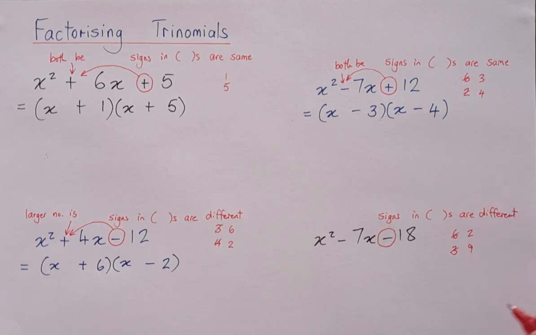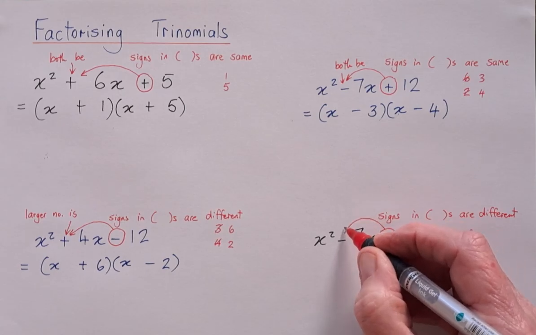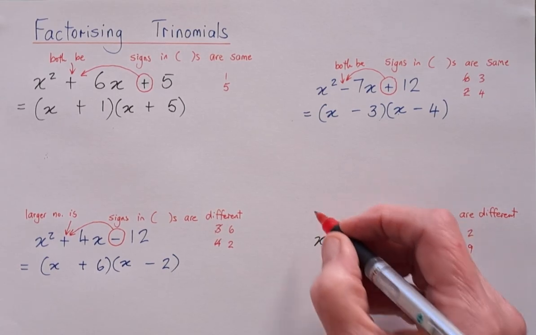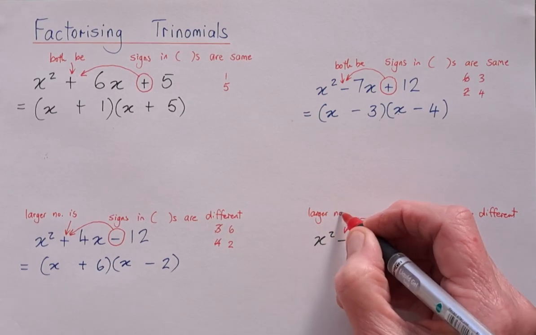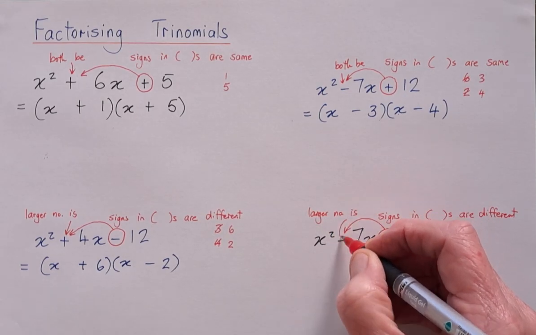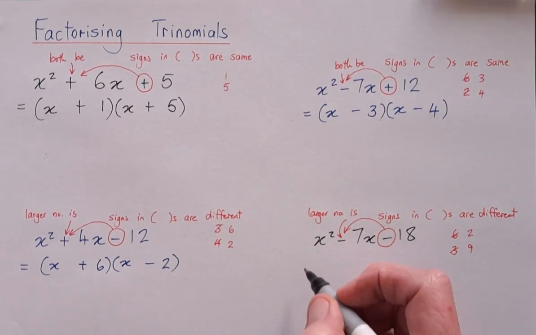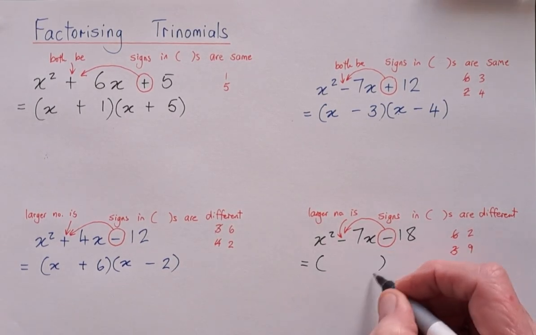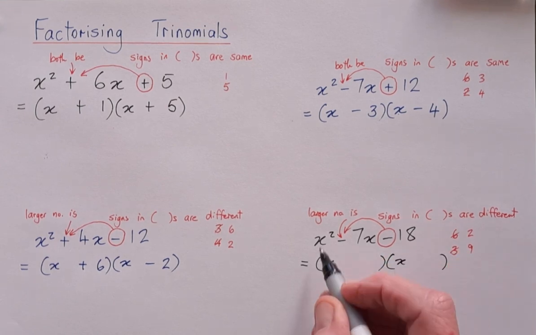And once I've read that second sign, seeing that they're going to be different, I go and look at the first sign, and that first sign in this case is telling me that the larger number is negative. So setting up my brackets, x times x is x squared.